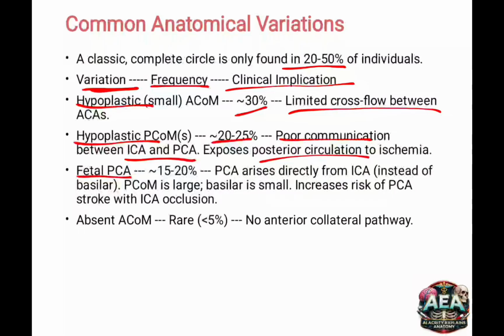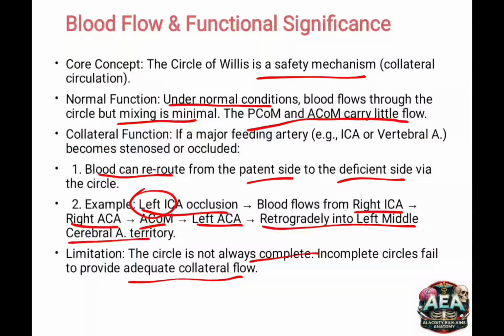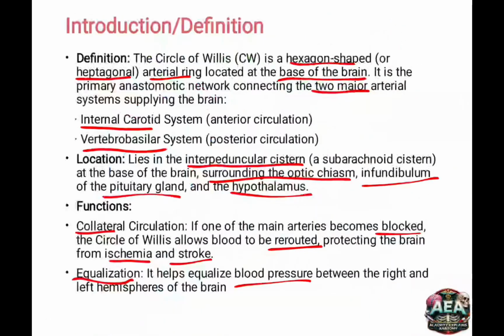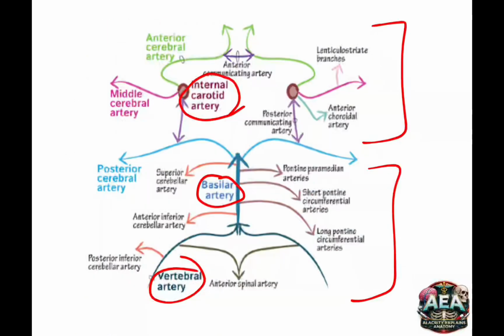We have fetal posterior cerebral artery. About 15 to 20% of cases have this. The posterior cerebral artery arises directly from the internal carotid artery instead of the basilar. Normally the posterior cerebral artery, look at this image, let's use this one, the posterior cerebral artery, which is this one, arises from the basilar artery, but in this situation it will now arise from the internal carotid artery directly.